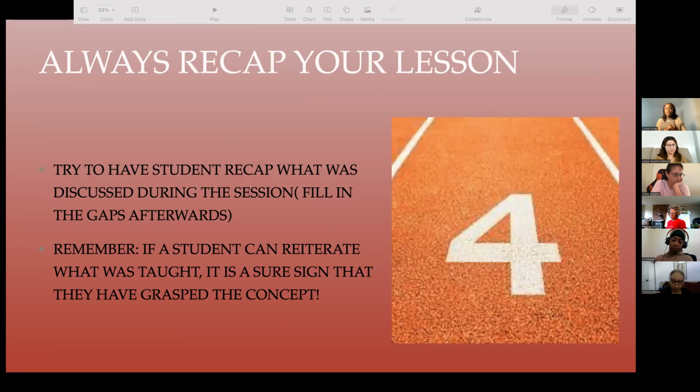I'm happy you retained it. And remember, we talked about this and that. We'll start our next session going over those parts of conflict resolution, praising them for what they do get right, and letting them know you'll continue to build on the things you had to fill in the gaps with. But remember, if a student can reiterate what was taught, it's a sure sign that they have grasped the concept.